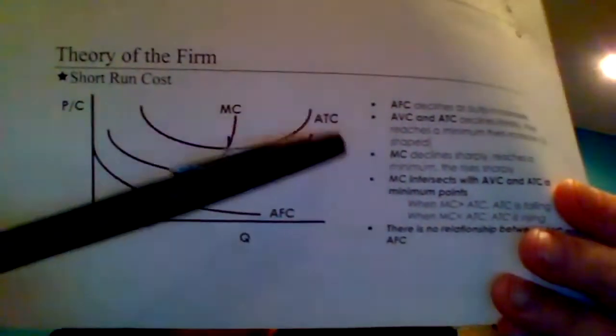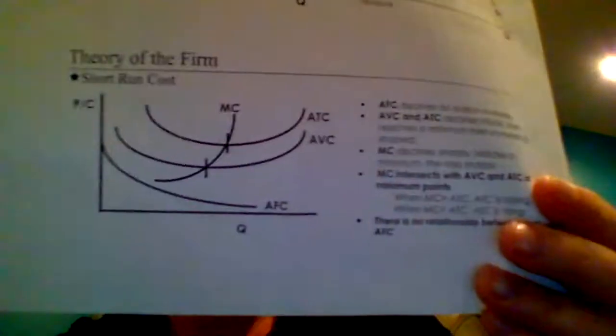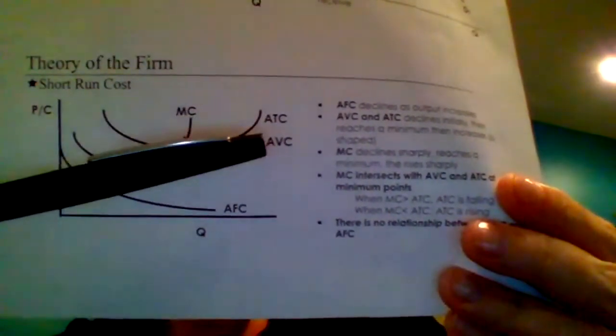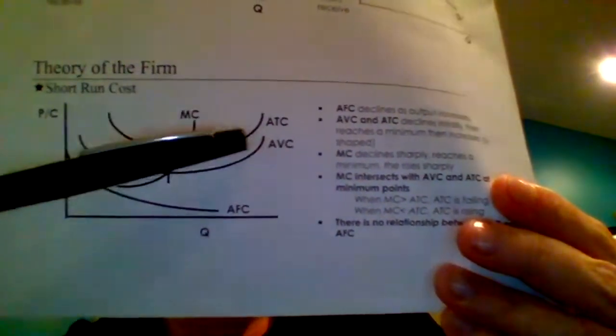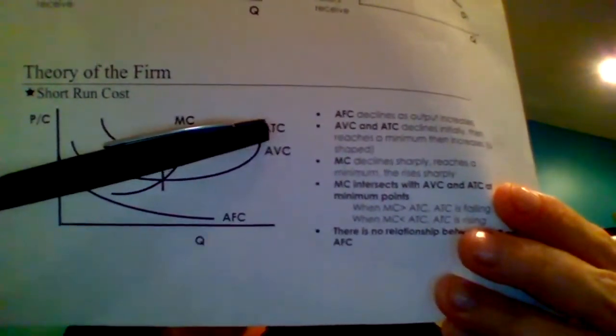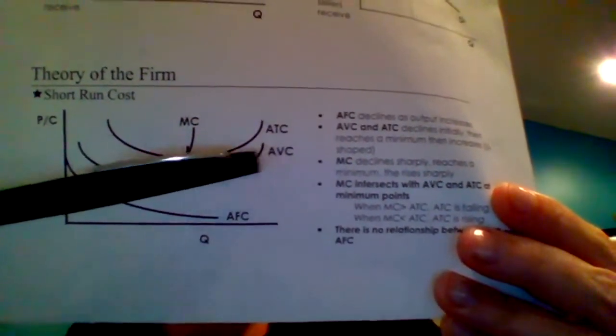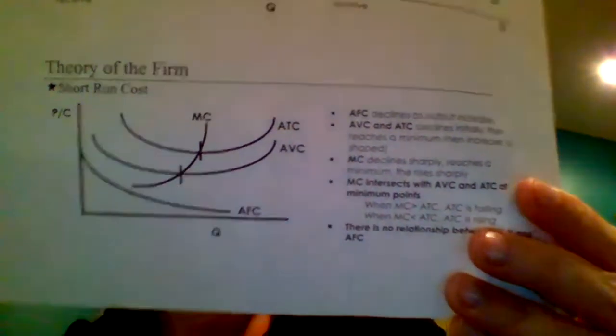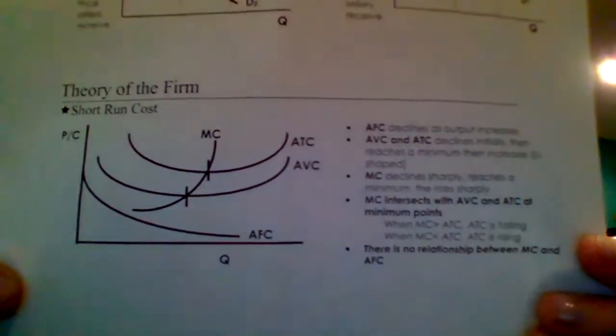So when you divide that by an ever increasing quantity produced, the average of your fixed cost will always be downward sloping, and it'll get lower and lower, but it will never go negative. And then your other cost curves are higher up. Up here you have your average total cost. That should be the top. Variable is in between your total and your fixed, because to find ATC, it is AVC plus AFC. And then we also have on here our marginal cost curve.